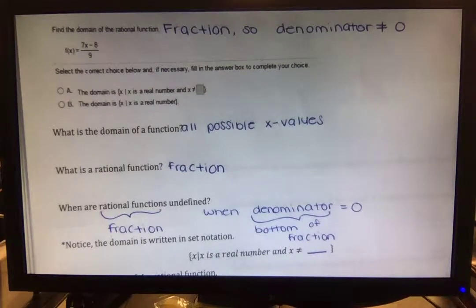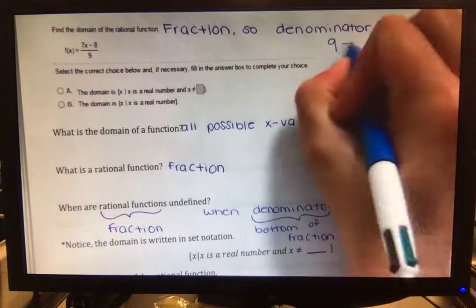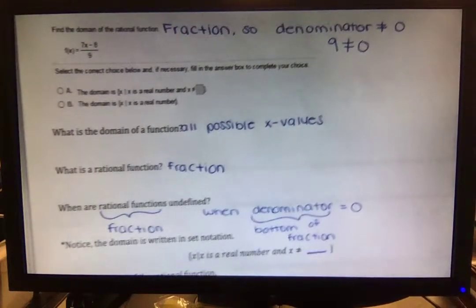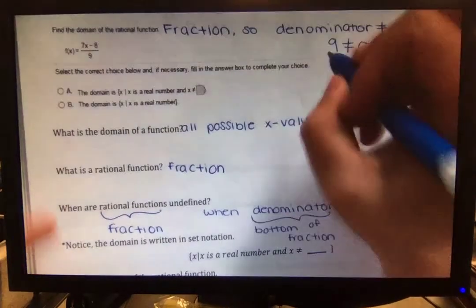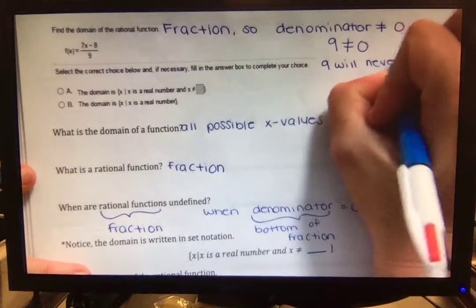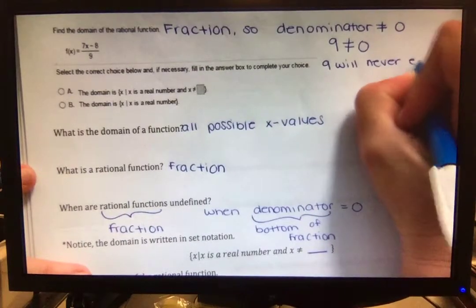What is our denominator in this case? 7x minus 8 over 9. What's our denominator? 9. So we know that 9 can't equal 0. Will 9 ever equal 0? No. 9 will never equal 0.